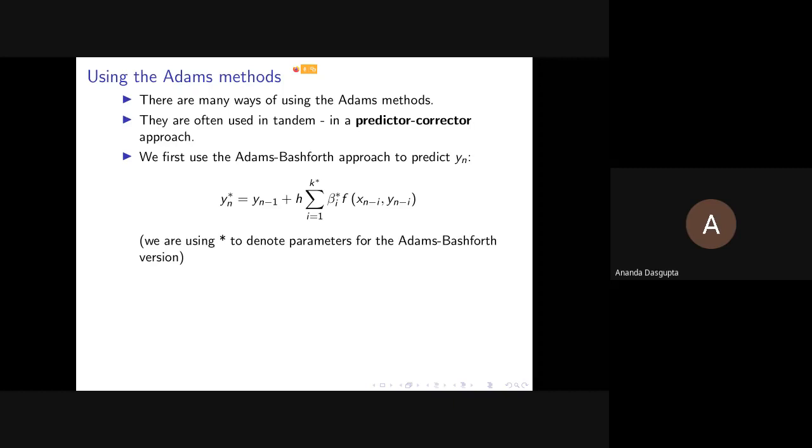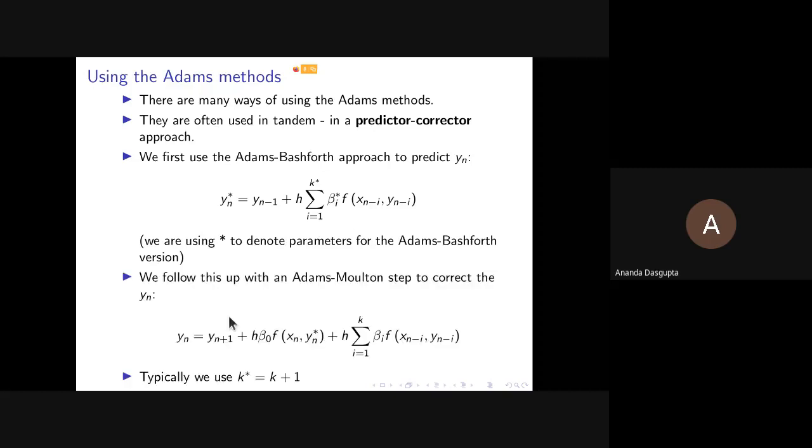Adams-Moulton would mean you have to solve an implicit equation for yn, right? That's going to be often very difficult. So what you use is what is called a predictor corrector approach, which is you use the Adams-Bashforth to predict yn, and then you use the predicted value of yn in the Adams-Moulton step to correct the yn.